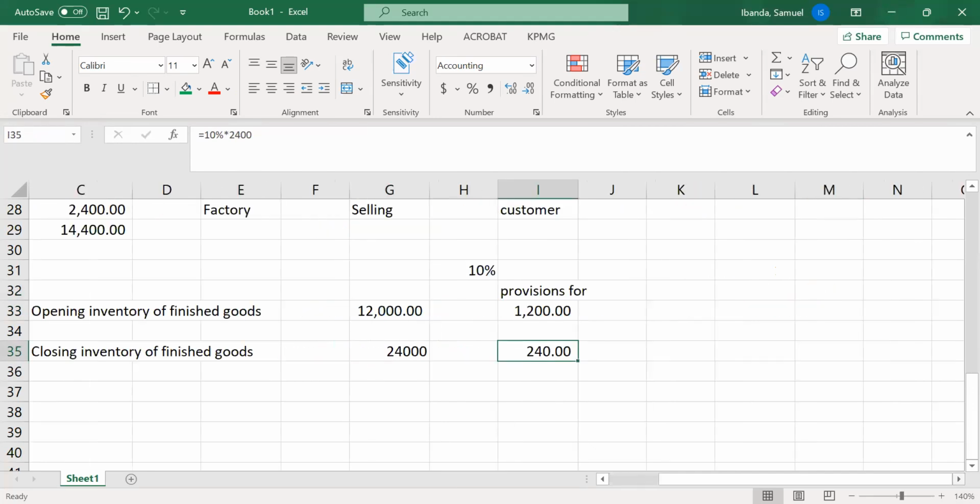So we say that if the provision for unrealized profits on closing stock exceeds this, then that would debit our P&L, okay? It means that it's a disservice to us because we have remained with more than it was at the start of the period, okay?